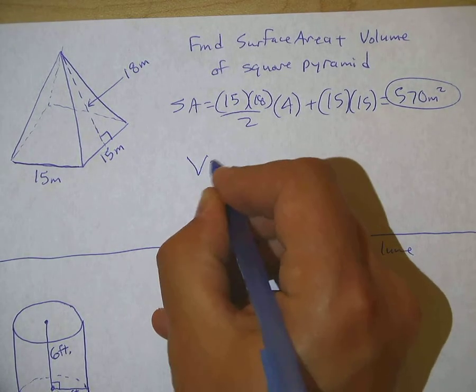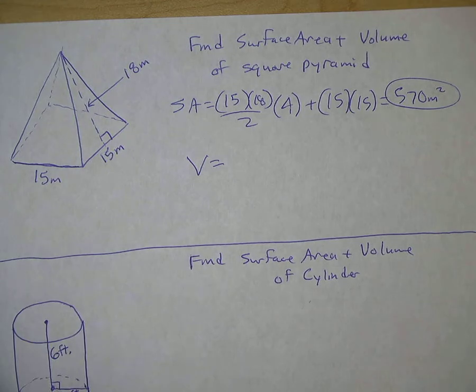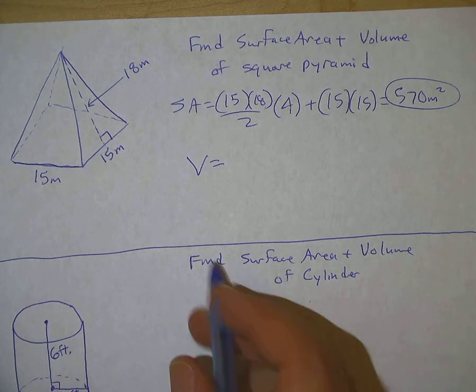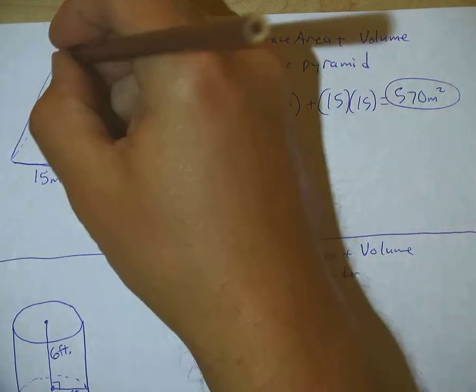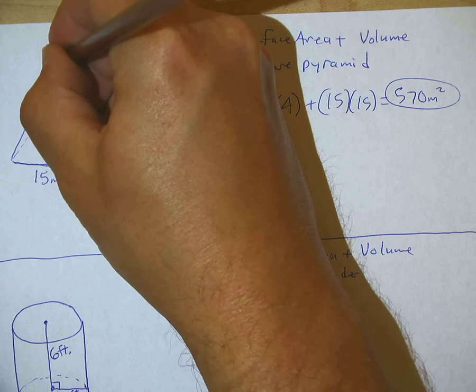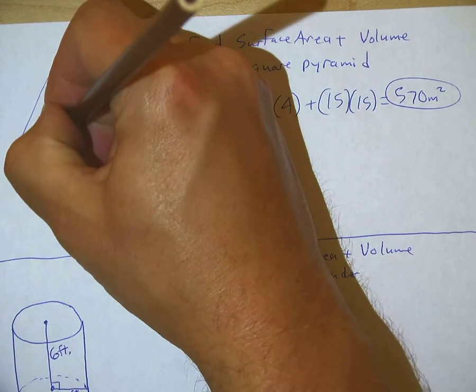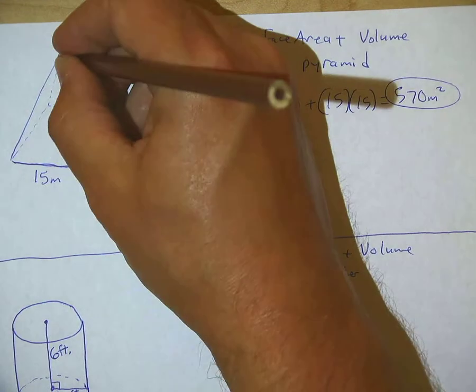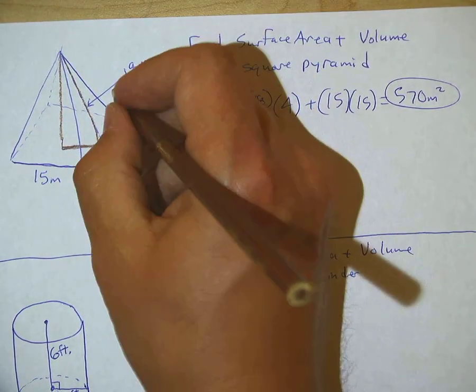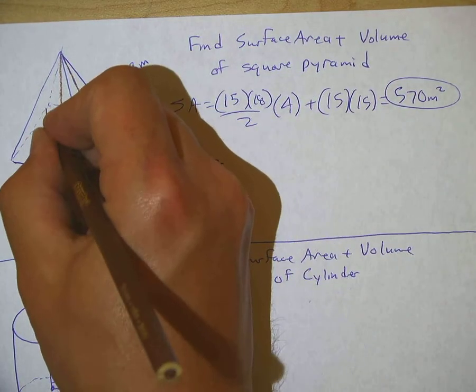All right, to get volume, I need the actual height. Here's where we have to take a step first. I need the height that goes right down the middle, this height right here that goes out to here. I know that this is 18, I don't know what the height is, so we'll call that h.